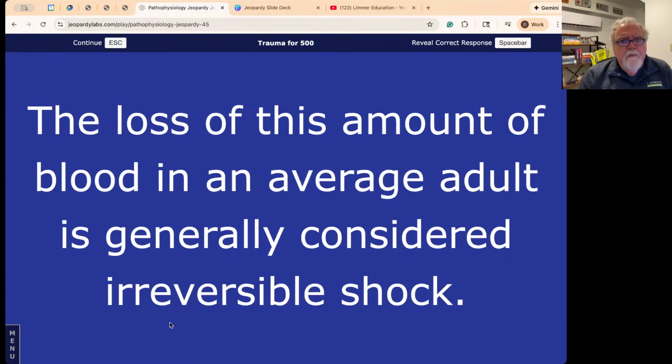Loss of this amount of blood in an average adult is generally considered irreversible shock. In EMS, we're really not dealing with average adults. Adult is the one we sometimes question.